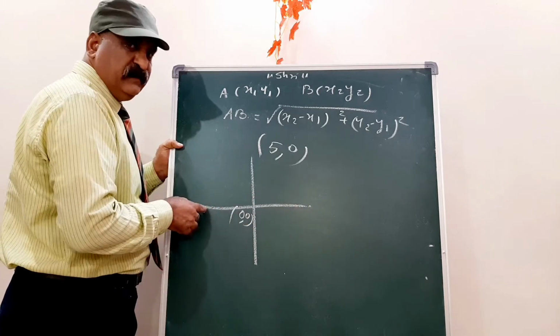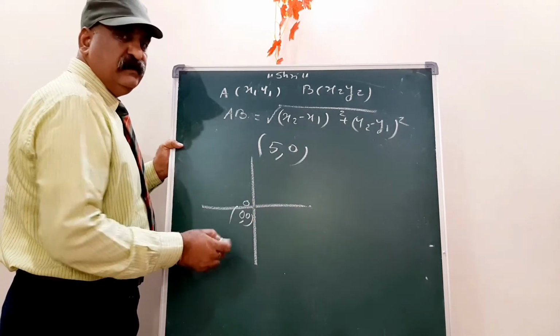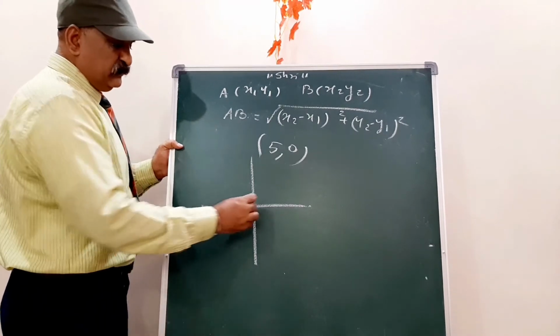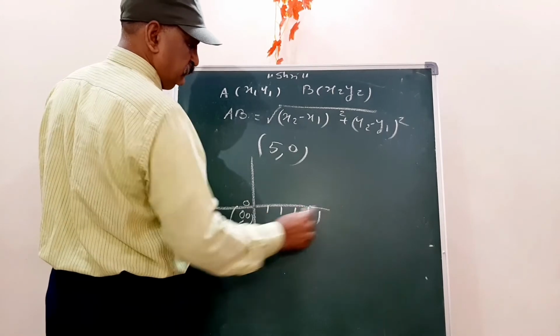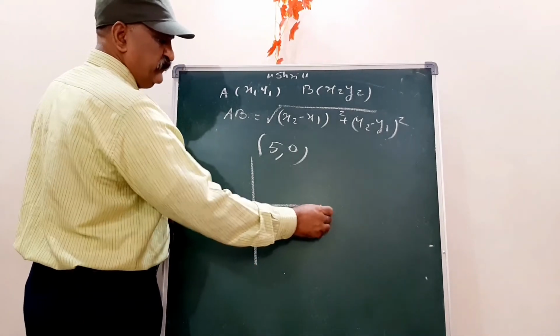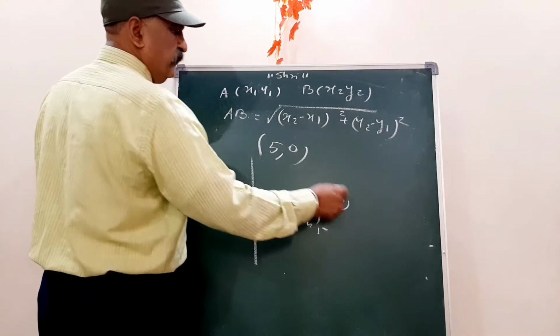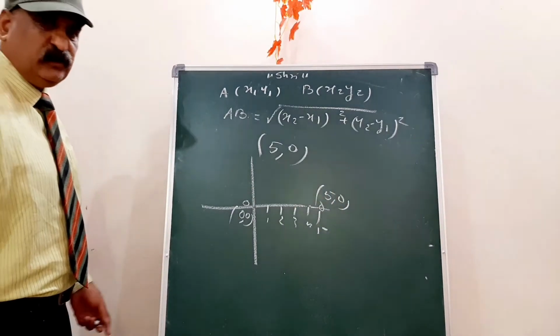This is called the horizontal line. And the point of intersection of these two lines, this is O, is called the origin. Suppose now this is 0, 1, 2, 3, 4 and 5. So this point is 5, 0. Okay, I hope this is clear to you.